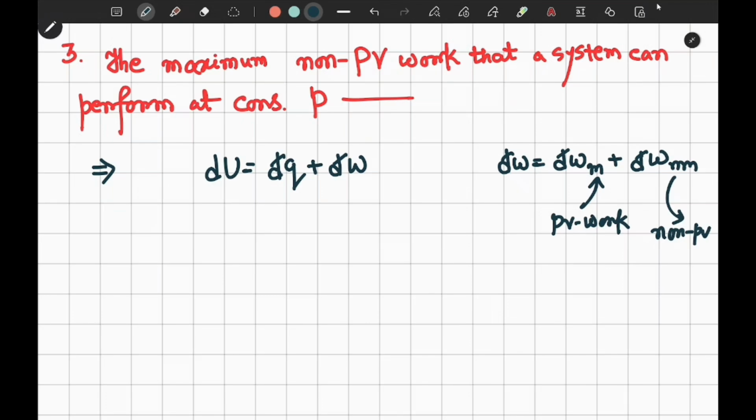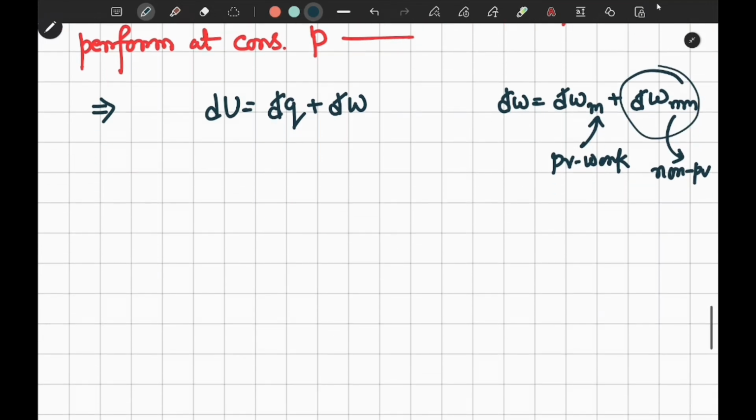So we are interested in this quantity. Okay. So what you can write is d cross Q plus d cross W mechanical, which is essentially minus PdV, and d cross W non-mechanical. This is our first law now.